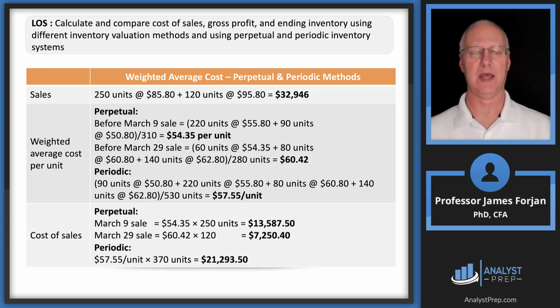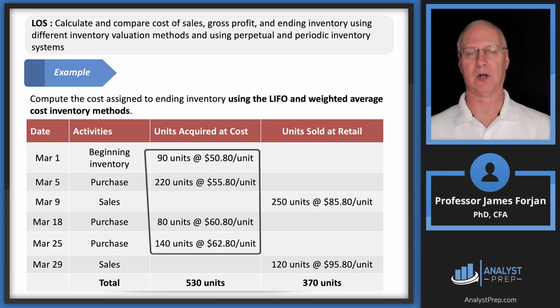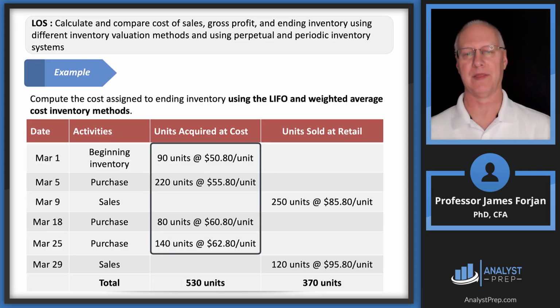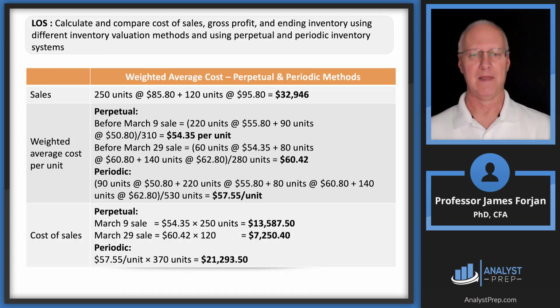Now, under the periodic method, we're going to go ahead and just sum all of those: 90 at the 50.80, 220 at the 55.80, 80 at the 60.80, and 140 at the 62.80. And so here, let me just go back quickly. All we're going to do is take that middle column, do the multiplication, and then sum those divided by the 530.